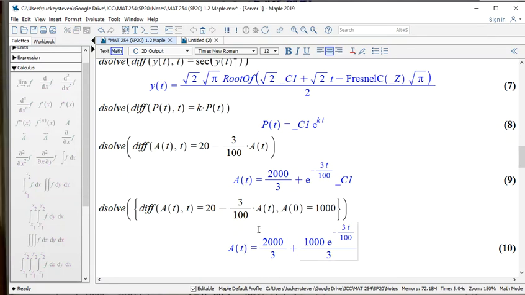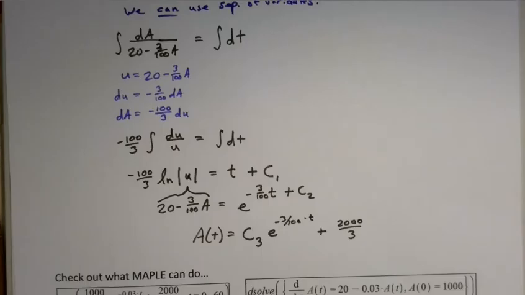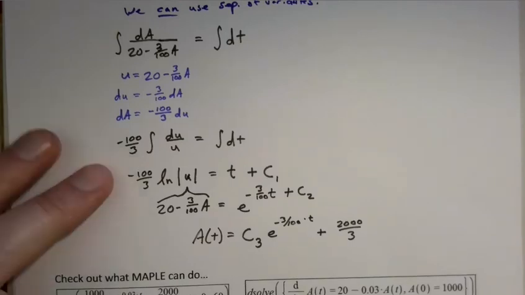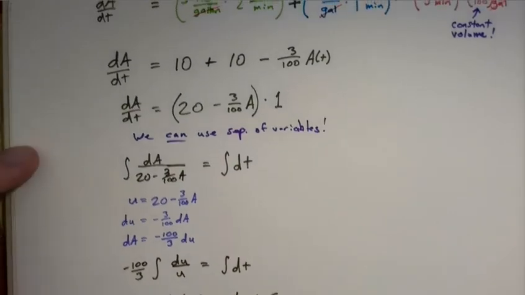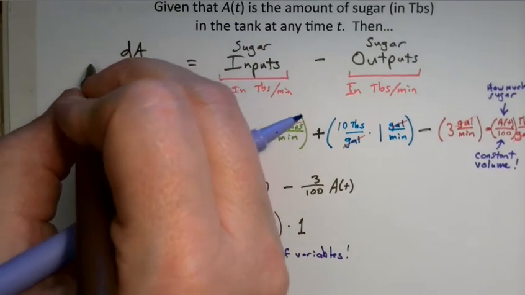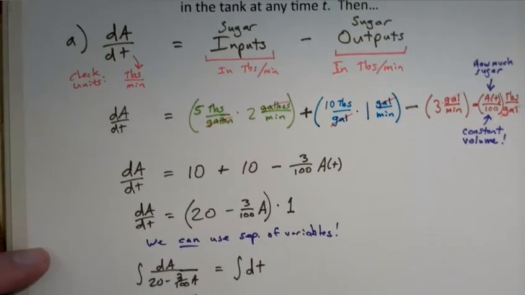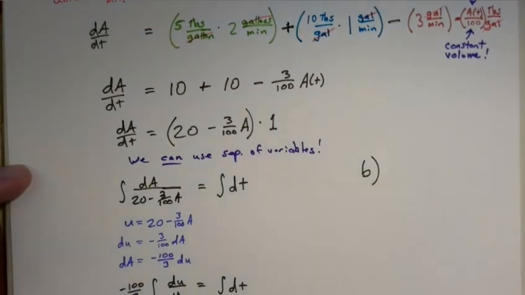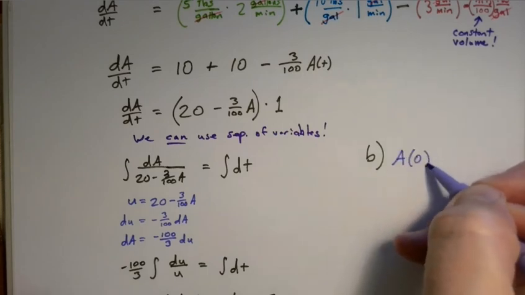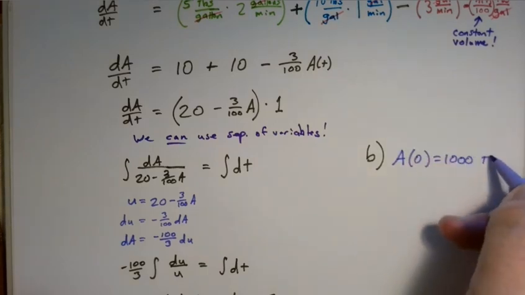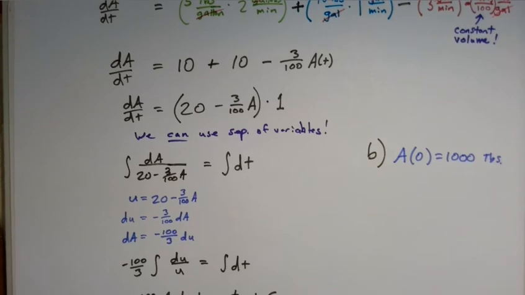I know how to find my initial value solution here. So all of this up here, all this way at the start, was all part A. And now I can do part B and say, I know that A of 0 equals 1,000 tablespoons. That was my initial condition.